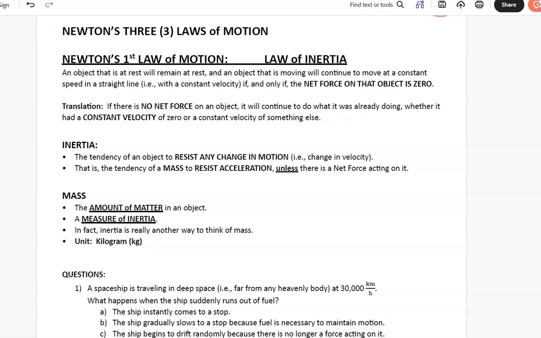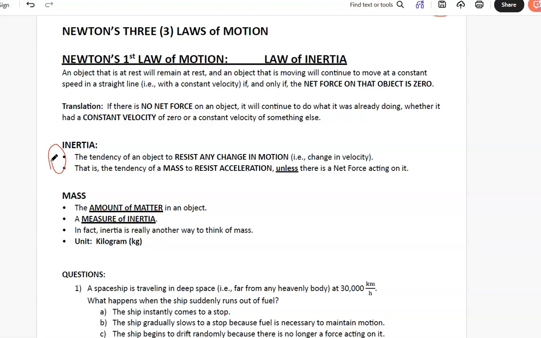The first law is also called the law of inertia. And inertia is really a way of thinking of mass of an object. It's not just how much matter it has. Inertia is really telling you the tendency to resist any change in motion or any change in velocity.